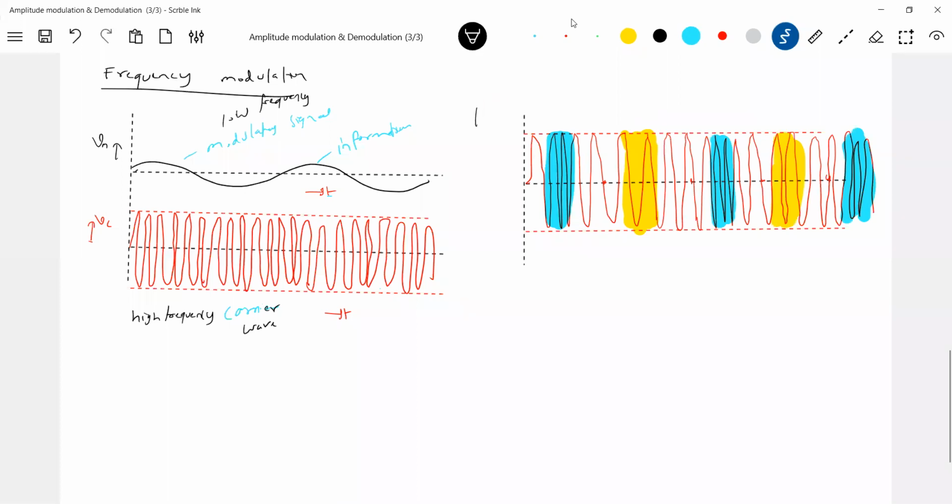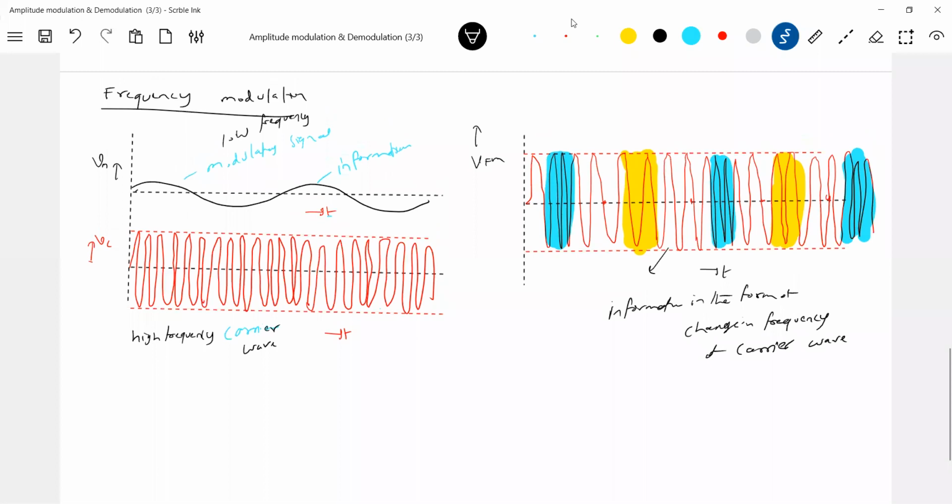So what is this? This is a frequency modulated wave. So now this information, how is information available? In the form of change in frequency of the carrier wave. But amplitude is constant.